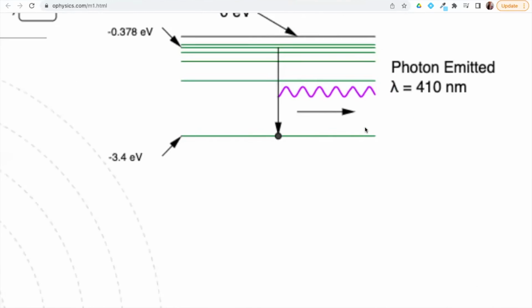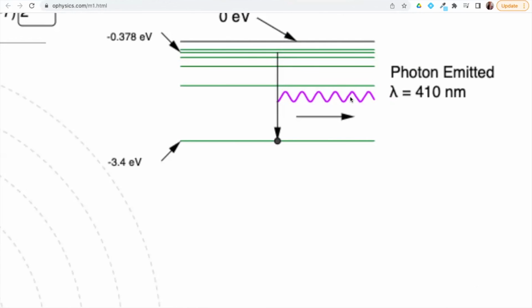This emits a violet wavelength of light with a 410 nanometer wavelength. We can measure its wavelength on the screen, and we can calculate its energy. In this case, to calculate the energy, this would be something like 3.4 electron volts minus 0.378 to get the total energy of this transition.